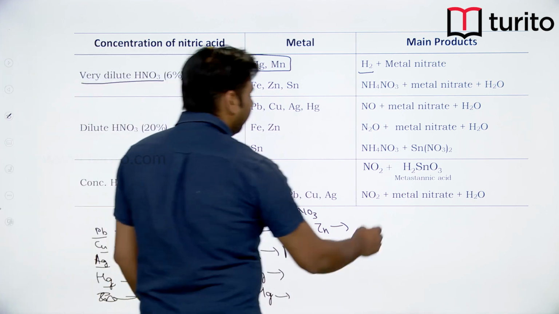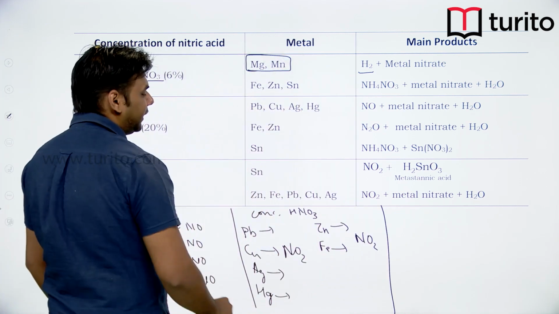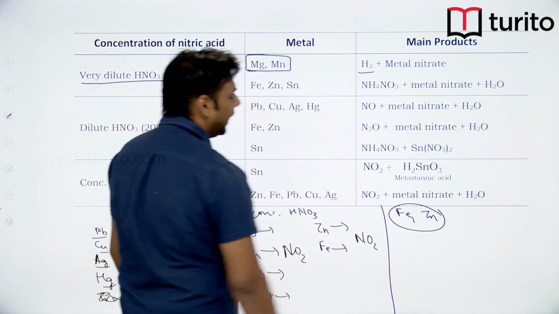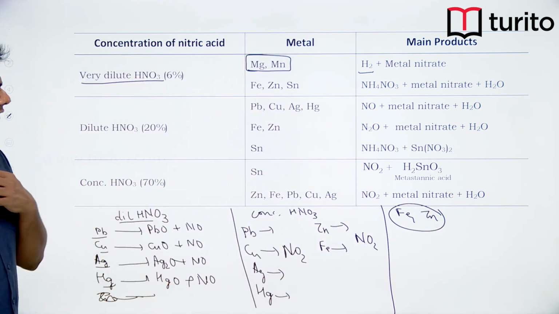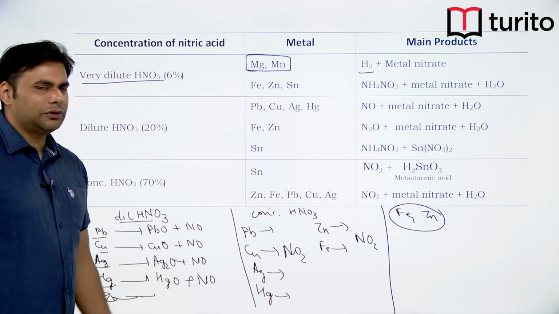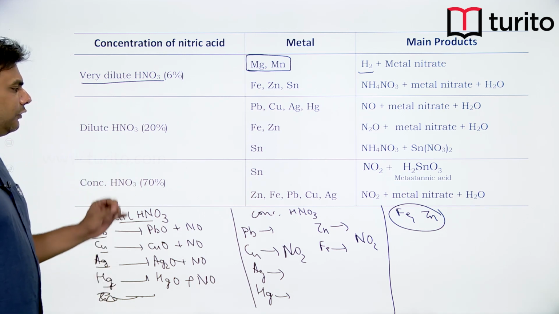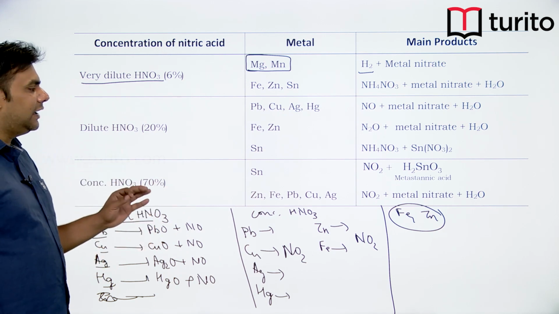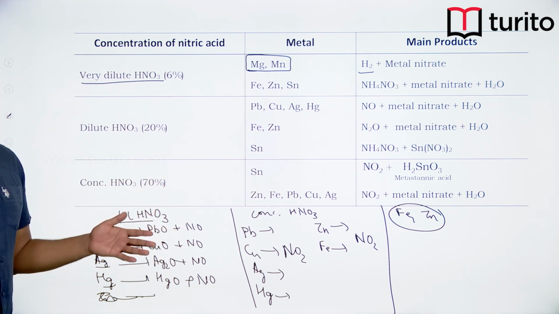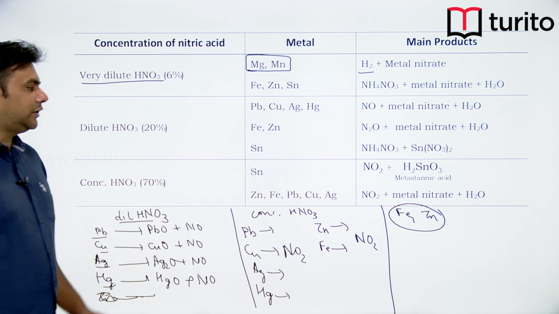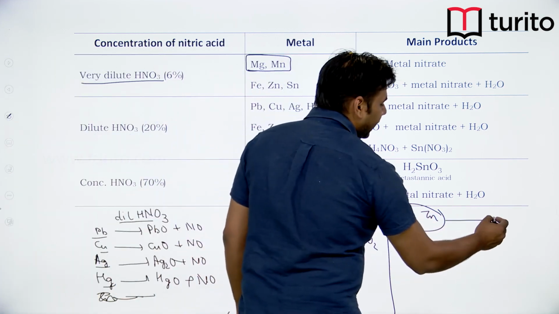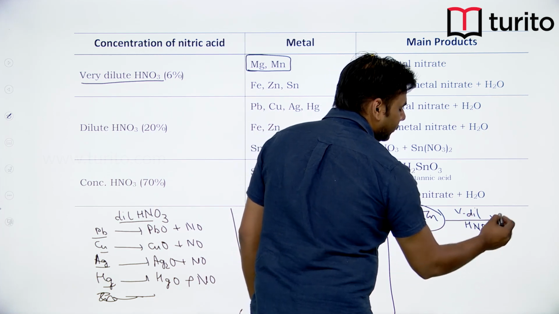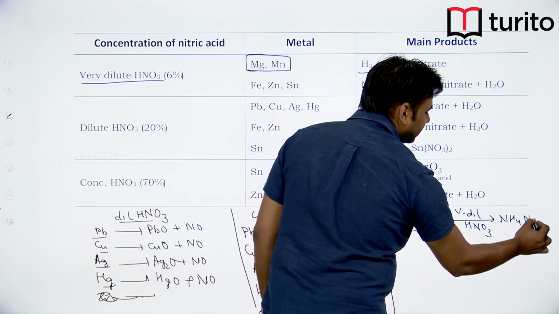But there are specific exceptions, that is iron and zinc, so you have to remember this. Iron, zinc and tin are the exceptions, and even Hg in a few cases. If you react iron or tin or zinc with very dilute HNO3, you will get NH4NO3.